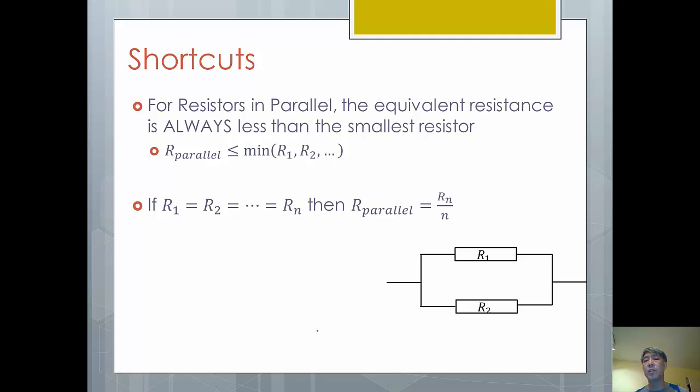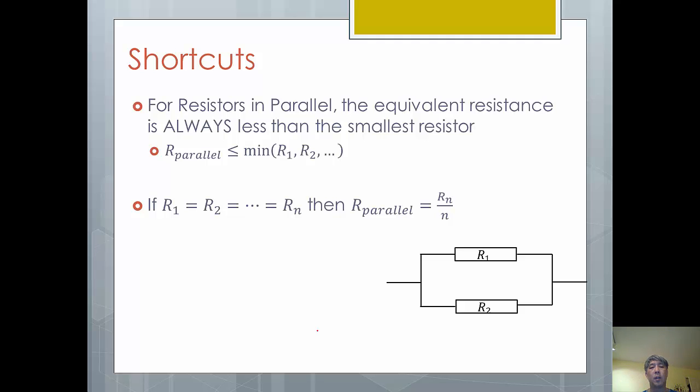For resistors in parallel, the equivalent resistance will always be less than the smallest resistor. So if I have a 1 ohm resistor and a 100 ohm resistor in parallel, it'll still be less than 1. The bigger the other one is, the closer to 1 it will be. Even if I have a 1, a 2, a 3, a 5, a 10, a 20, a 100, the equivalent resistance will still be less than 1.